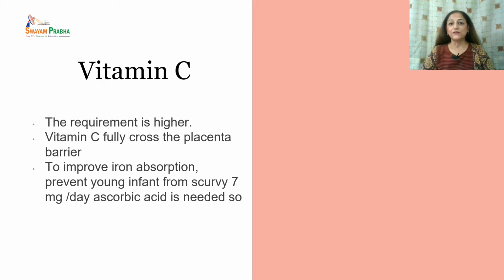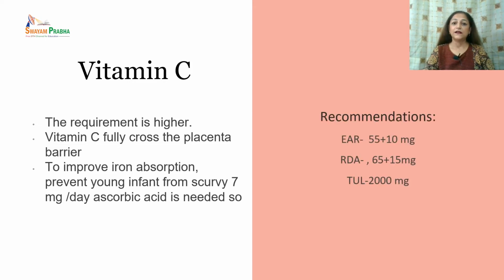Let's talk about an important water-soluble vitamin, that is vitamin C. The requirement of vitamin C is quite high for pregnant women. Vitamin C can fully cross the placenta barrier. To improve the iron absorption and prevent the young infant from scurvy, it has been suggested that an additional 7 milligrams per day of ascorbic acid is needed.